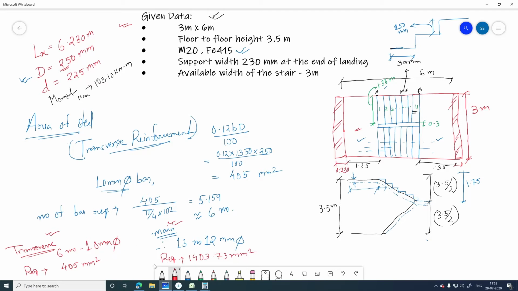So this is the AST required for main reinforcement, and this is the AST required for the transverse reinforcement, and these are the provided values. So now our final calculation is done. Now we need to check for shear.